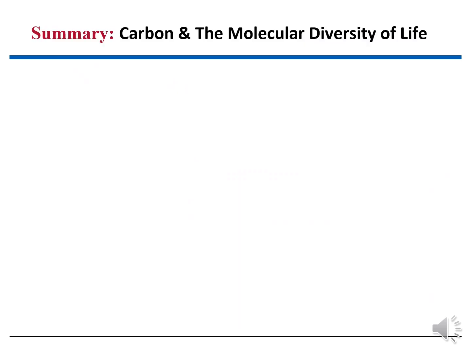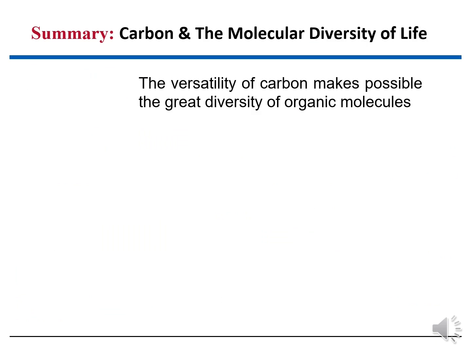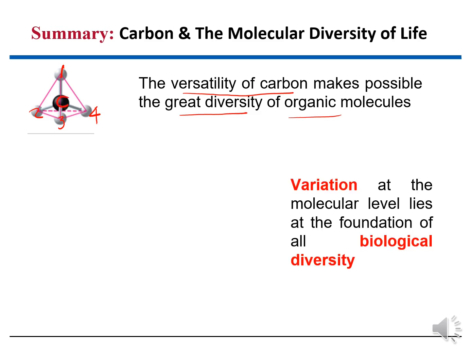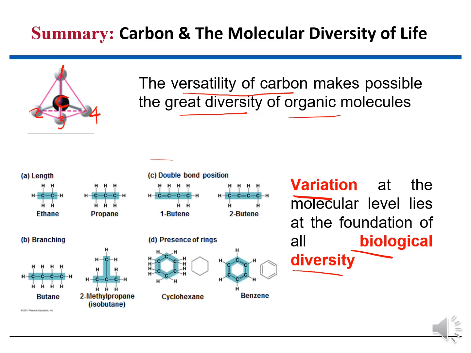To finish, I told you this story about the versatility of carbon to create a huge diversity of molecules, and I told you multiple times about these four bonds that the carbon can form, which allow a lot of variation and this biological diversity. And in the next chapter we will talk about all these macromolecules, which have variation in the length, in the position of the double bonds, in the branching, and in the presence of different rings.